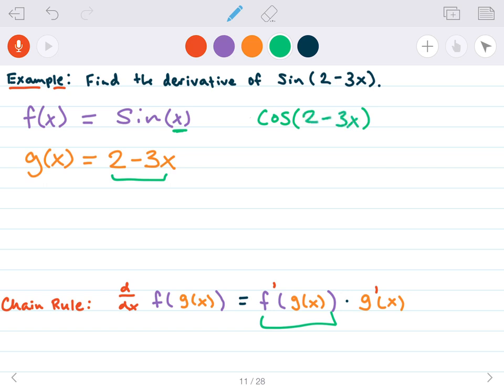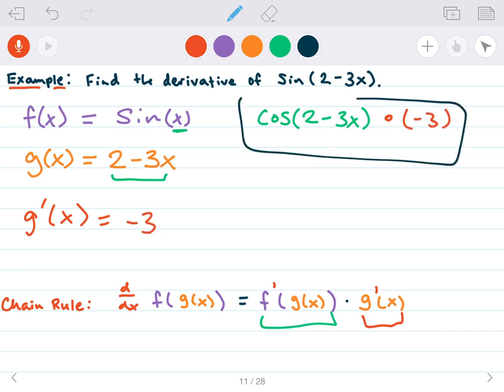All right, so that's that first part. The second part tells me to multiply by the derivative of g. Now the derivative of g using the power rule is just negative 3. And that's my answer. So this is my derivative using the chain rule.